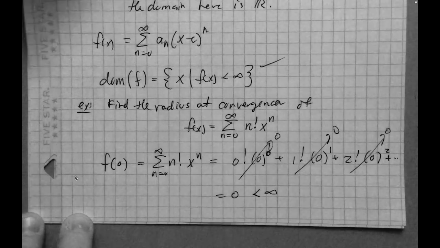So this series converges at its center, as we would expect. All right. So let's take a look at where else it might converge. We know that it converges at its center. And let's talk about where else it might converge. So what we're going to do here is use some of the tests for convergence that we've seen up to this point in Calc 2.